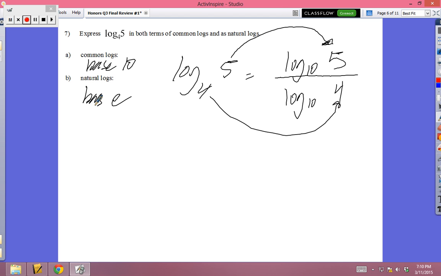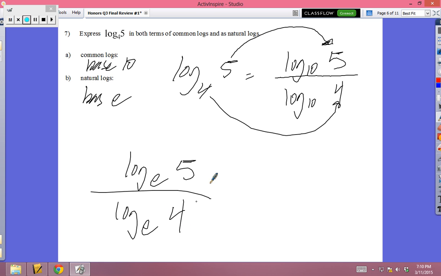Now if we want to change it to a natural log, so log with base e, it's going to be log in base e on top, log in base e on bottom. But the 5 goes on top and the 4 goes on bottom, and they're going to show up like this: ln of 5 over ln of 4.